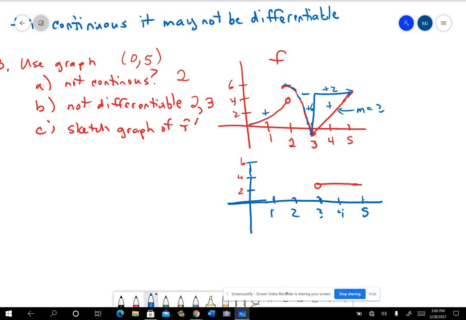So it's hard to put it exactly where it needs to be, but it is going to be negative and getting more and more negative. It's almost horizontal right there, so I'm going to draw it almost right at 2. Maybe a circle at 2. Let me do that in red. And then it gets more and more negative. Maybe something like that. And then an open circle on the other end of that.